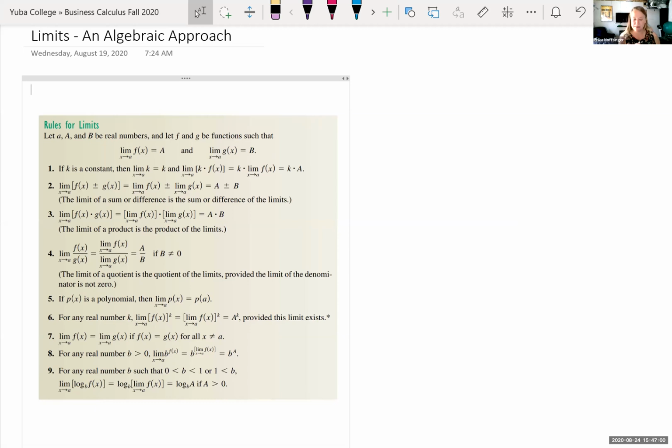If we take a limit as x approaches a value of a constant, you always get that constant back. With these rules, basically we can just plug in the value that x is approaching into our function, and we might get a result back by using those rules.